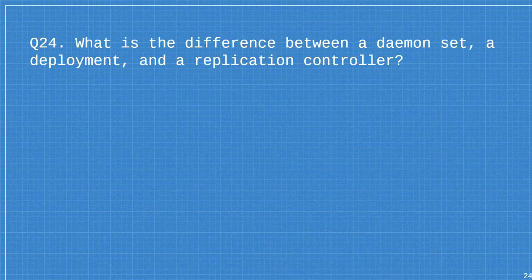Okay, next. What is the difference between daemon set, deployment and replication controller? A replication controller is used when we need to keep a specific count of pods. Like I already told you, I have an Nginx pod and I want its count to be 3 all the time. So I can create a replication controller object which will maintain 3.